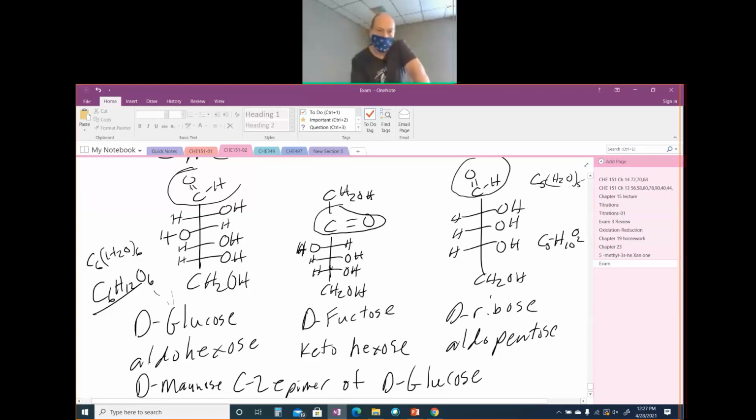And so we number it from the end closest to the C double bond O. So this is carbon number 2. Epimer means just change the stereochemistry at carbon 2. So that would mean that your OH would be on the other side and your H would be, they would just switch. Your OH and your H would switch sides only at carbon 2. The other carbons would all remain the same.